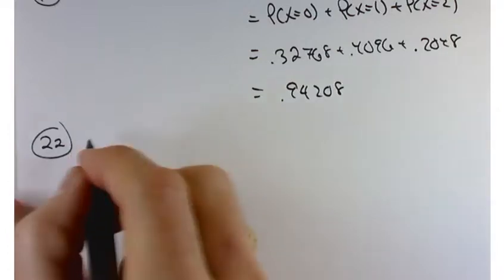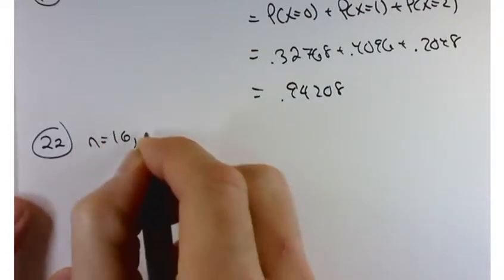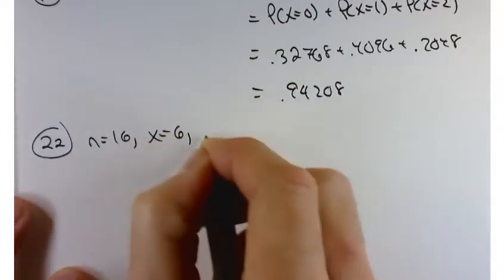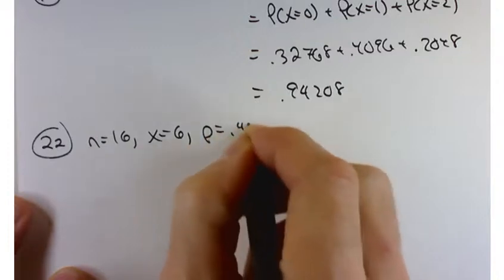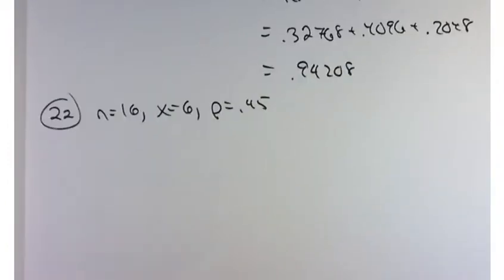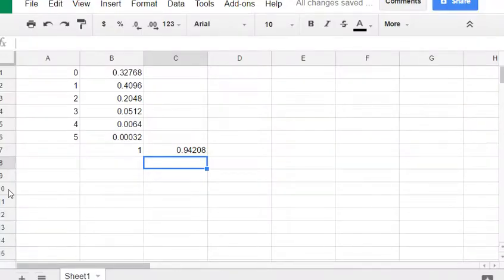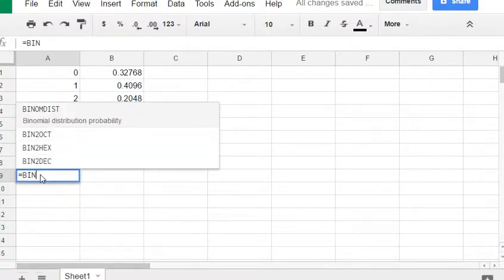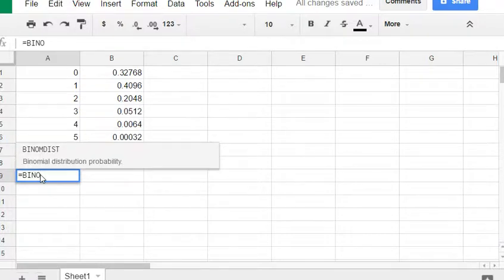So in this particular case, n was 16, x was 6, and probability of success is 0.45. So I'll just type that in here. Equals binomial distribution. There we go.